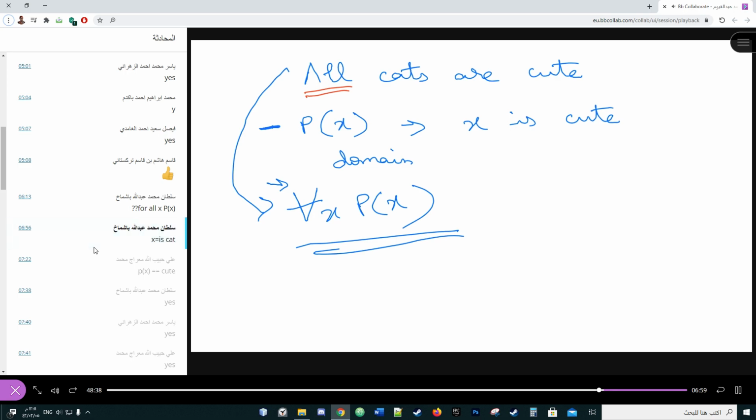So the domain is all cats. Okay, so when I say for all x, it means for all cats. Is this clear? So I need to specify this, I need to specify this, the first and the second thing. Then the third step is clear. Without 1 and 2, 3 does not make any sense.